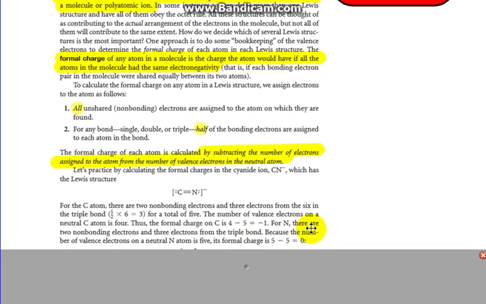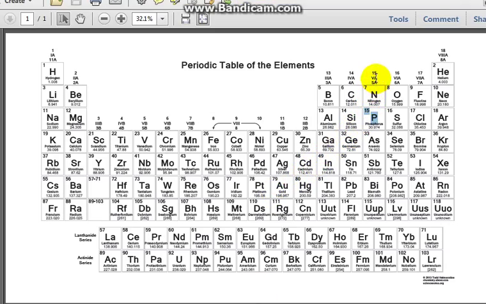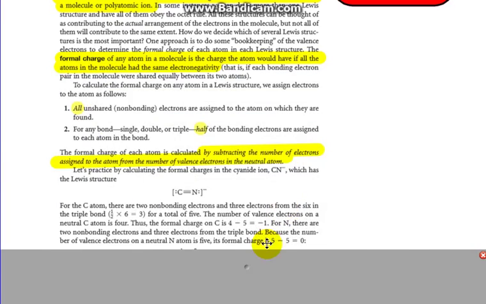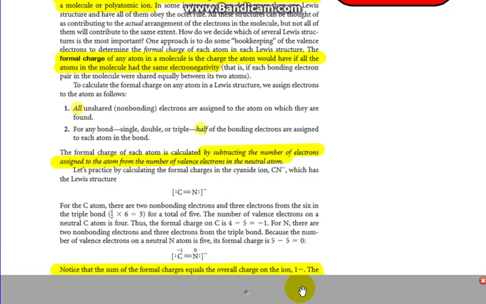For N, there are 2 electrons there, and it has 1 from each of these bonds. So 1, 2, 3, 4, 5 electrons in total that are being shared or unbonded. Nitrogen is a group 5 element, so 5 subtract 5 is 0.